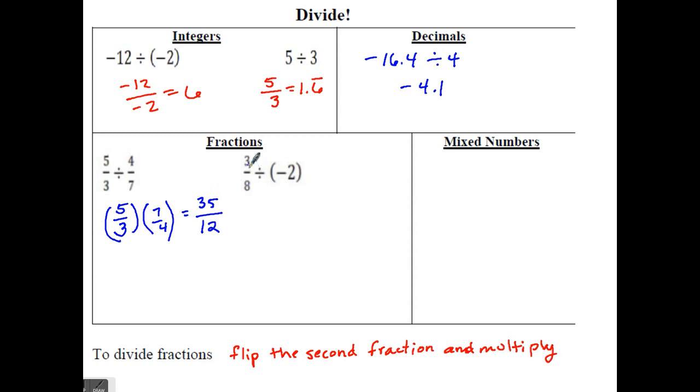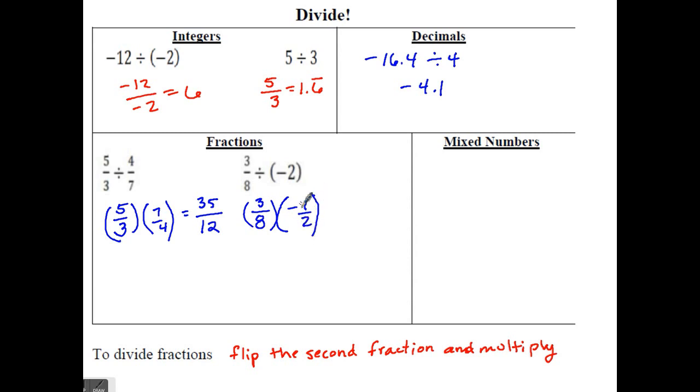Here's another example, 3 over 8 divided by negative 2. So what we're going to do here is we're going to take 3/8. We're going to change the division sign to a multiplication sign. So we're going to put another parenthesis because we're going to change this and flip this from a negative 2 to a value of negative 1 over 2.